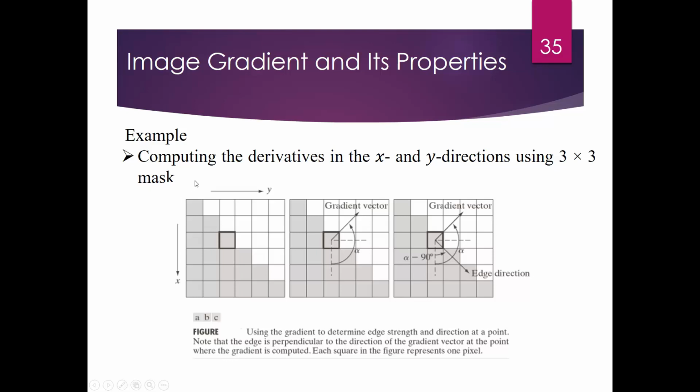Now, for example, computing the derivatives in the x and y directions using a 3 by 3 mask. If we convolve a mask in the x direction, we get gx. If we convolve a mask in the y direction, we get gy. The gradient direction is tan inverse of gy by gx, and the edge direction is perpendicular to the gradient vector.